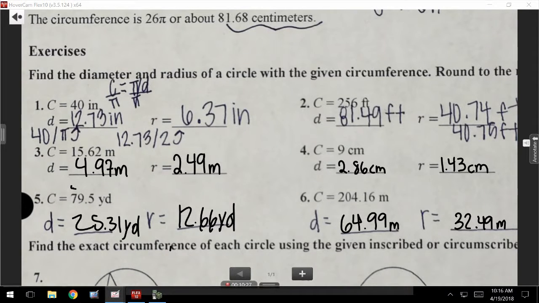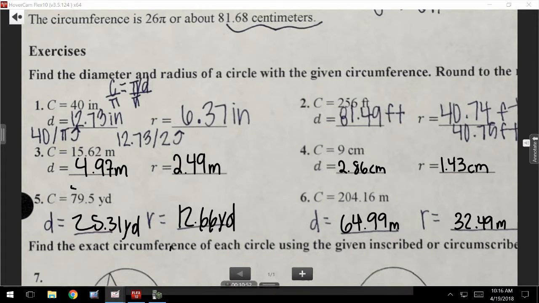Is that what y'all got? Is the rounding correct? Yes. Did you get different? Okay, check your answers. We good? You got something different for which one? 6.